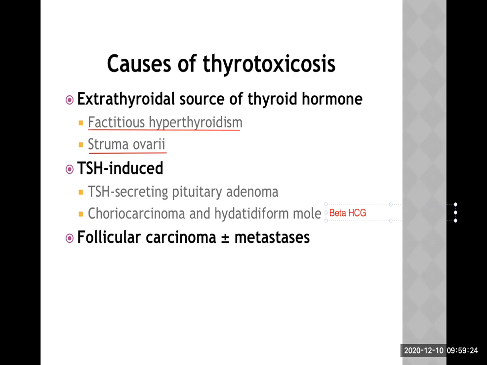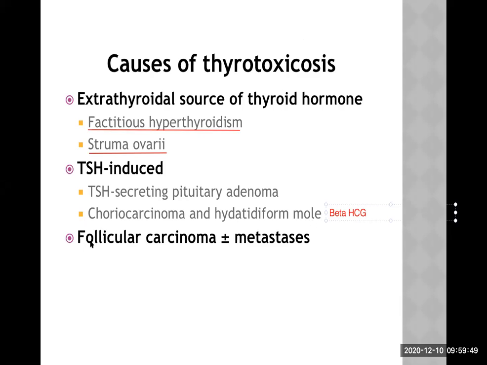That is the reason why this choriocarcinoma and hydatidiform mole can also lead to hyperthyroidism. Just remember that much. Now, this choriocarcinoma is the malignant tumor which is derived from the placental tissue, and hydatidiform mole is also known as molar pregnancy. I'm sure you have already studied them in obstetrics and gynecology.